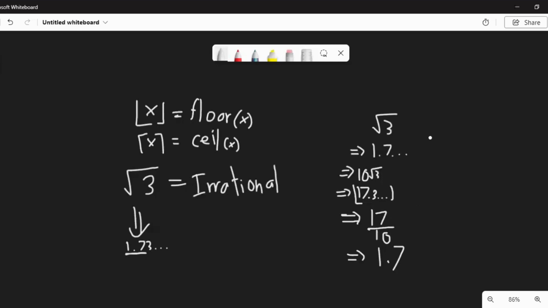So for a program like this, we could just take the root of x, where x is whatever the input is given by the user, times 10, find the floor of that, and then divide it by 10 again.